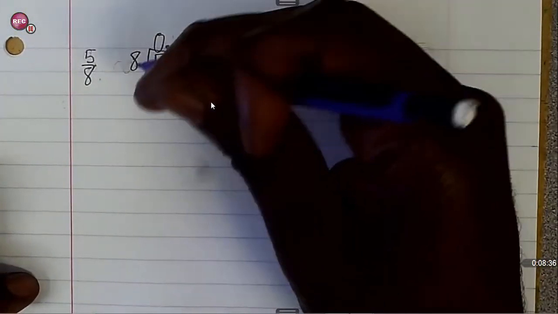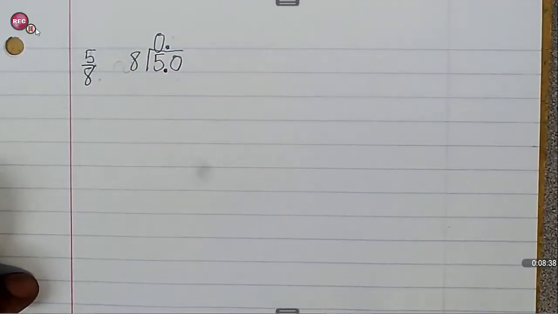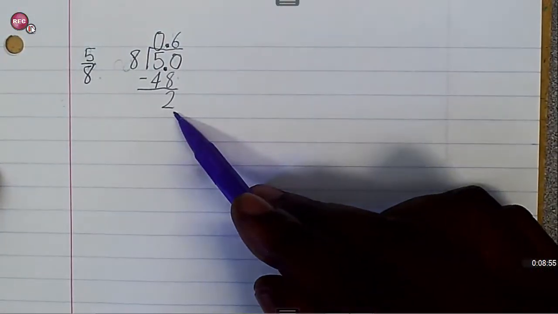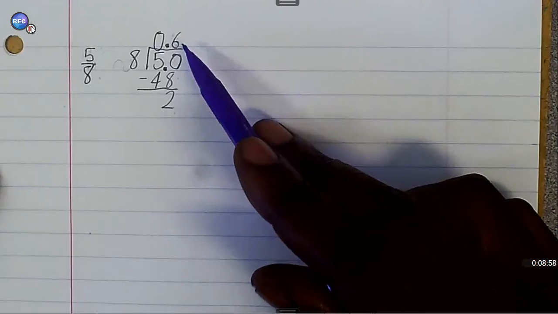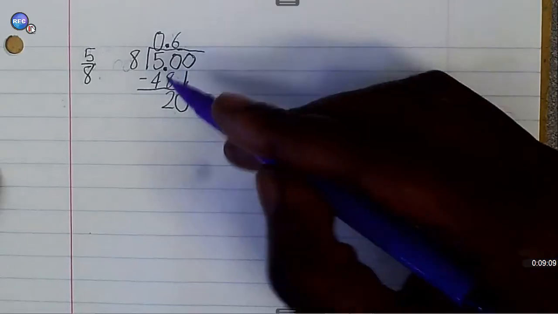Okay? So now, if we divide, that's going to be 6. 8 times 6 is 48. We subtract, that'll be 2. But we can't end with a remainder when we're trying to find a decimal. Okay? So we have to continue. Add a placeholder 0, drop it down. 8 can be divided into 20 2 times.